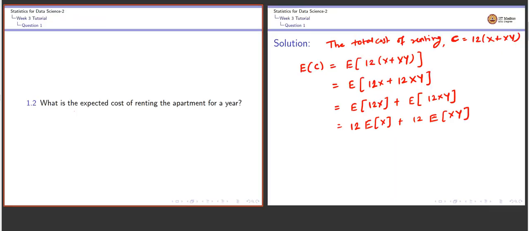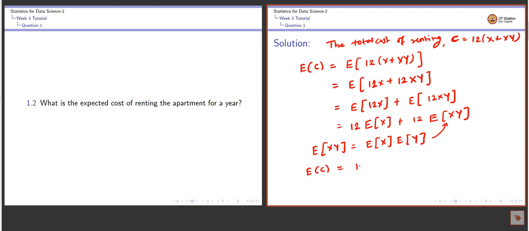Now we know that x and y are independent. If x and y are independent, then we can write the expectation of xy as the expectation of x into the expectation of y. Using this, we can write the expectation of C as 12 times expectation of x plus 12 times expectation of x into expectation of y.